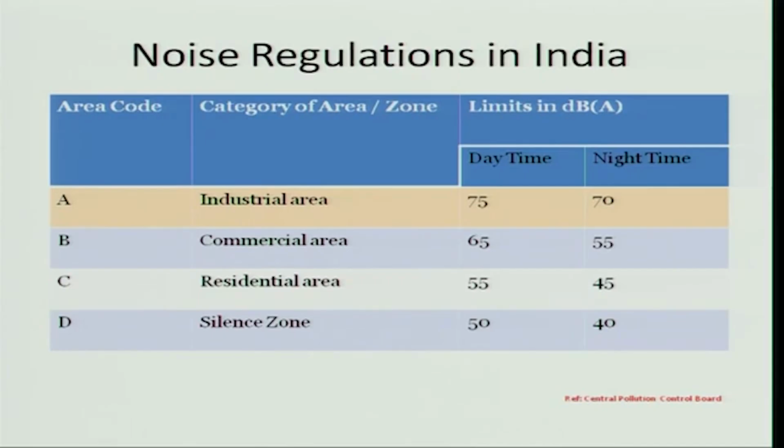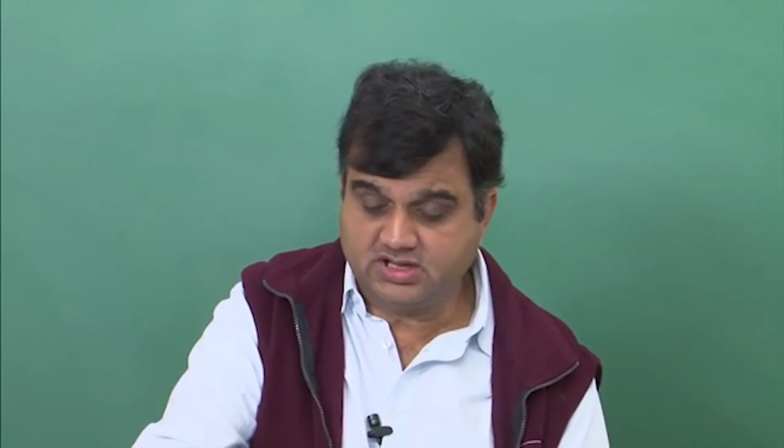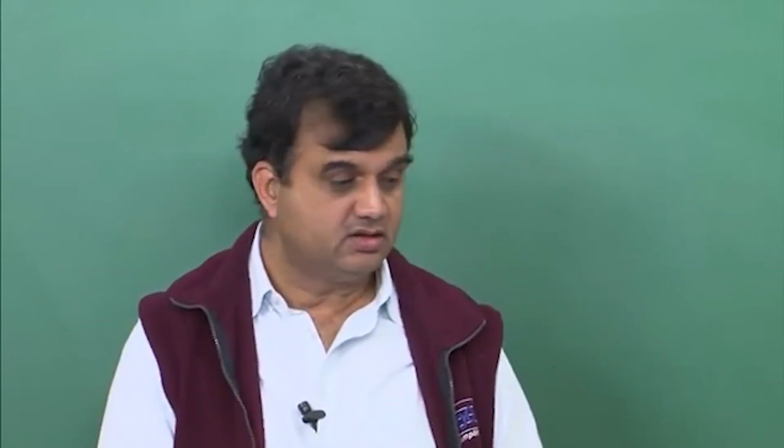They say that in the day the noise should not be more than 75 dBA, and in the night it should not be more than 70 dBA for industries. For commercial and residential areas the numbers are different. So you have to meet these regulations, and you still want to use the equipment you want to use. You have to make sure that they have the right type of appropriate noise characteristics. So that is one context in which anechoic chambers come in handy.